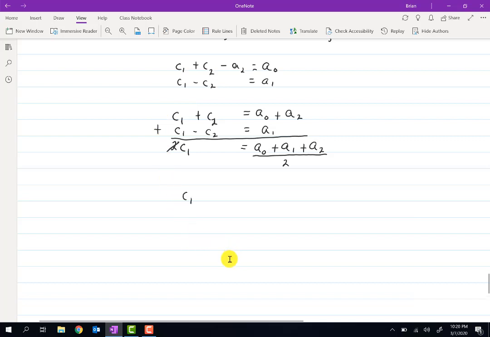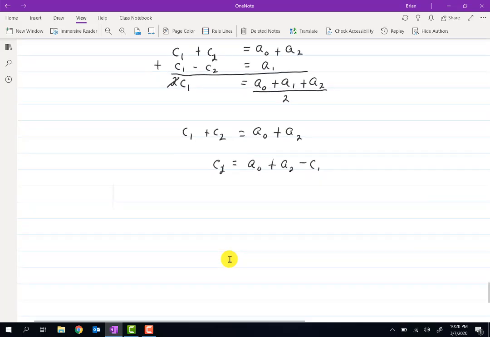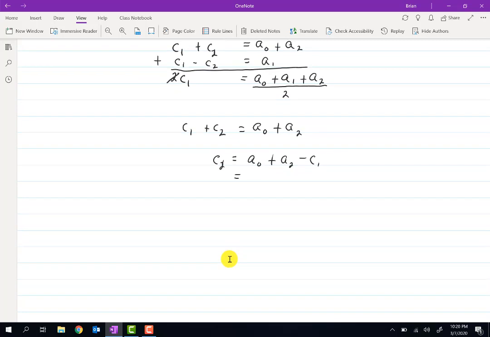So C1 plus C2 was equal to A0 plus A2. Let me subtract C1. Of course, C1 we already had. And I really don't care about simplifying.